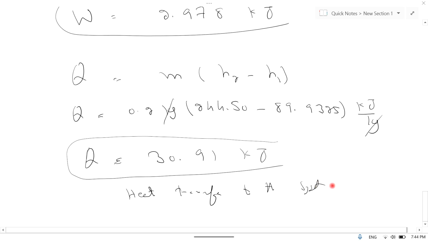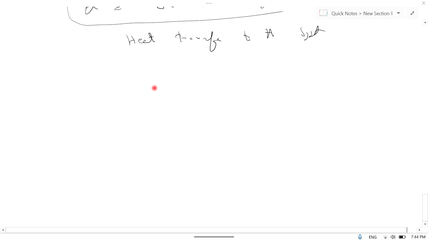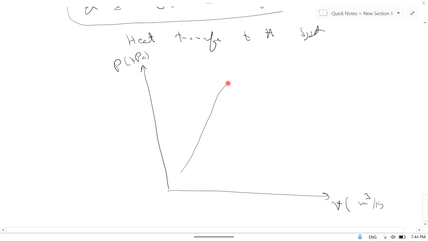And similarly, the PV diagram for the process. This is the pressure in kilopascal, this is the specific volume in meter cube per kg. This is the saturation curve. Constant pressure process, initially the steam is in the saturated region, and finally it is dry saturated vapor.